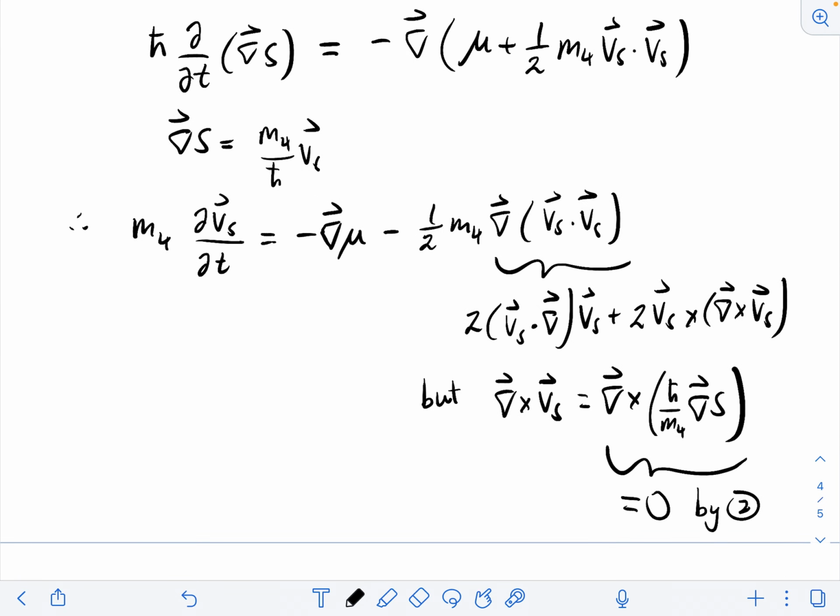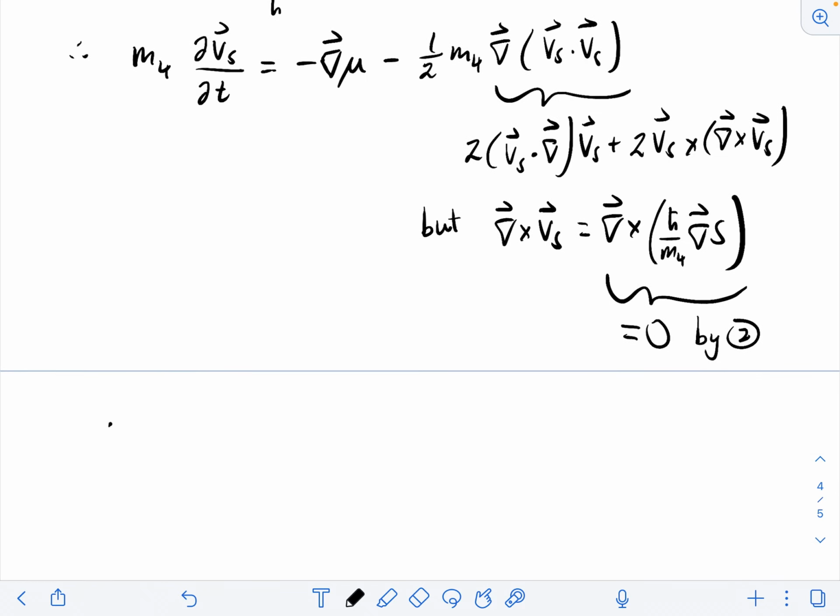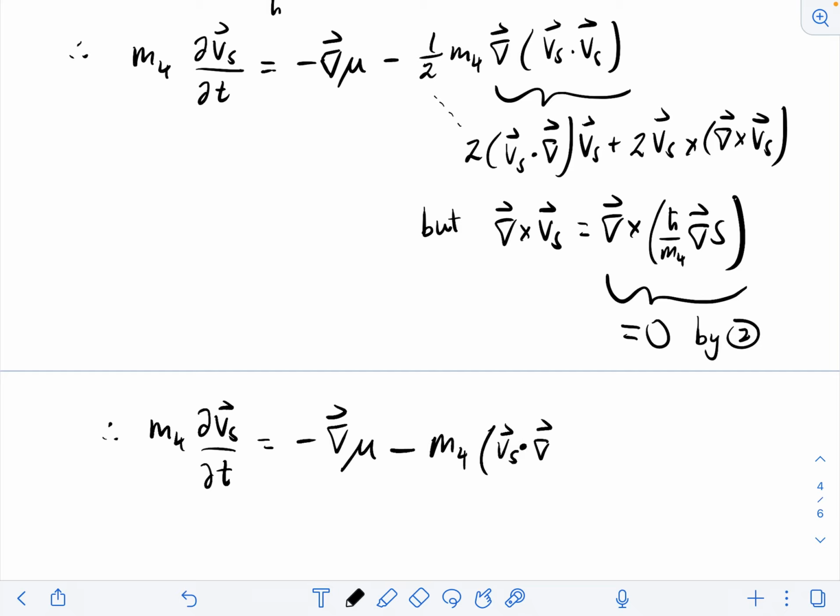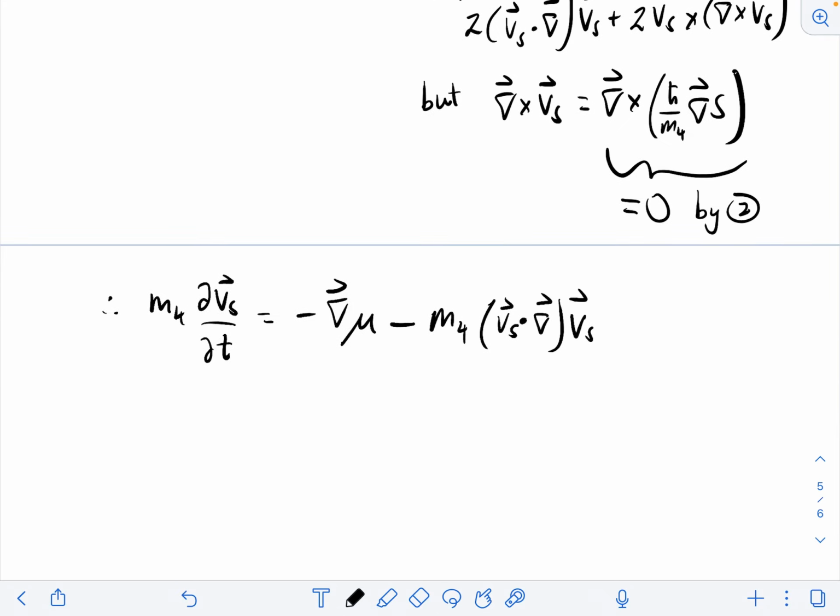And so what does that mean? What's left over? We've got m4 dvs dt is equal to minus the gradient of the chemical potential minus, let's see, the 1/2 is going to cancel with the 2, so we're going to have m4 and a vs dot del times vs. So rearranging some terms, dividing by m4, this could be written as dvs dt.